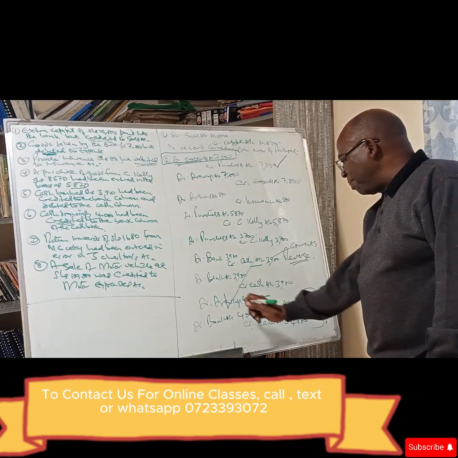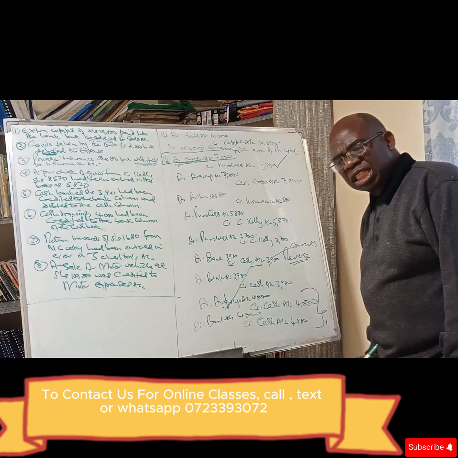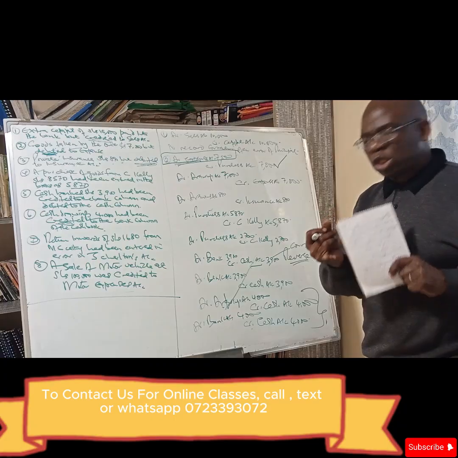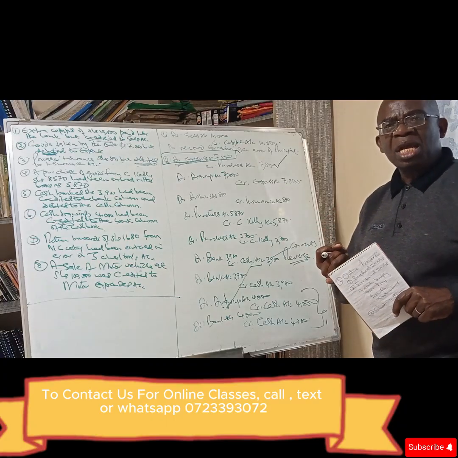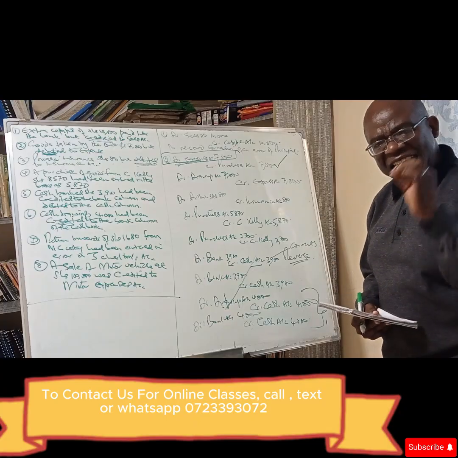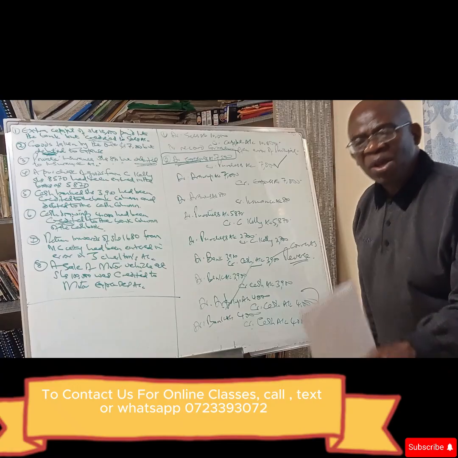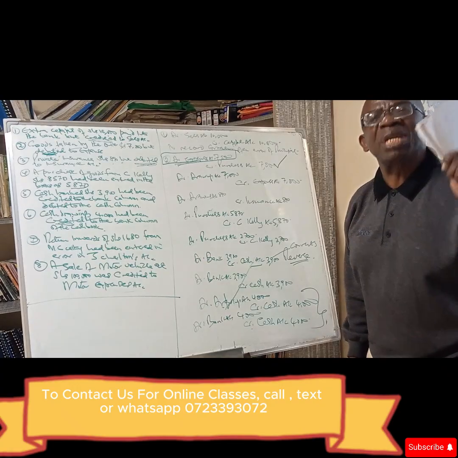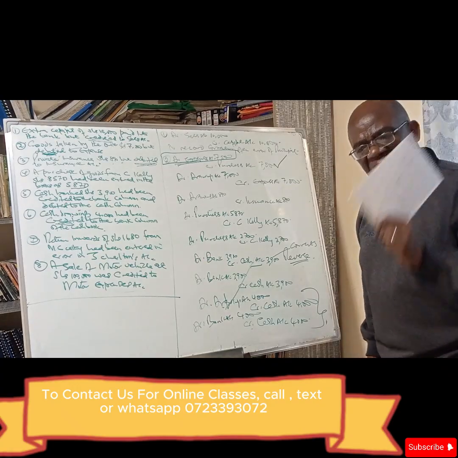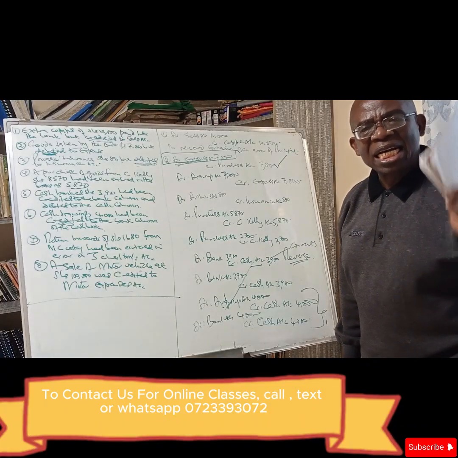So you don't deal with the drawings. You deal with the account that was wrongly credited and the account which should have been credited. So when you are told the crediting is the problem, you deal with the account which was wrongly credited and the account which should have been credited.